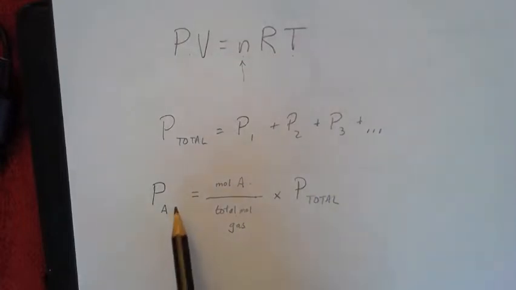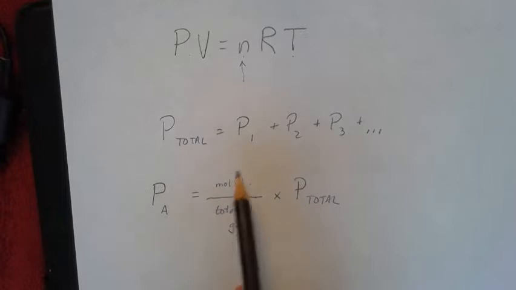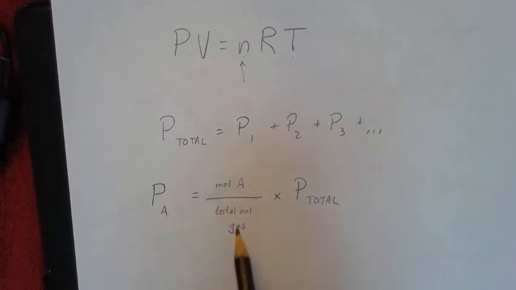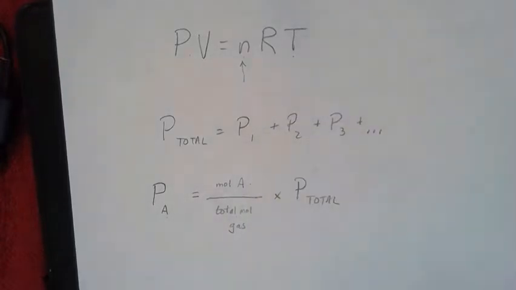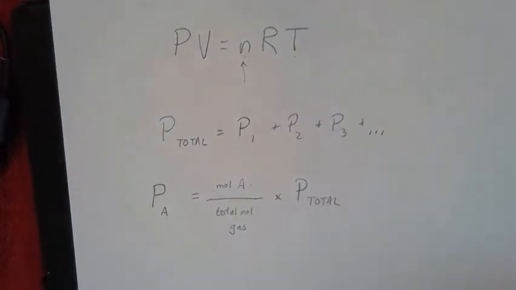More importantly, though, we know that the partial pressure of a gas, say gas A or gas 1, would be the moles of that gas in the mixture divided by the total moles. We call this the mole fraction. So it's the moles of that gas over the total moles times the total pressure. And we'll use this here when we flip over and do the problem.